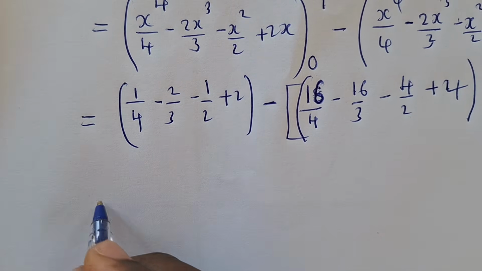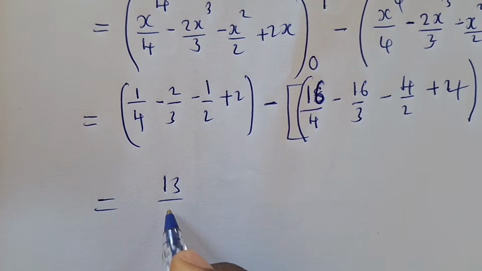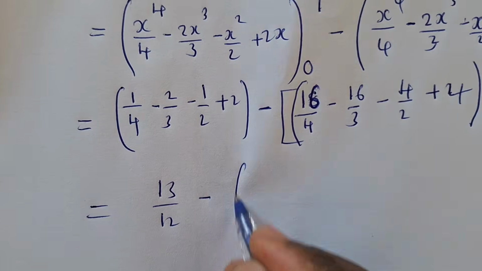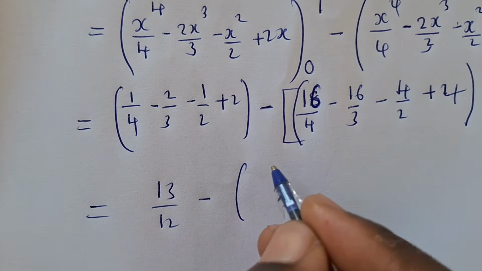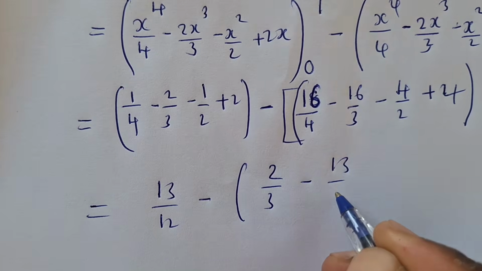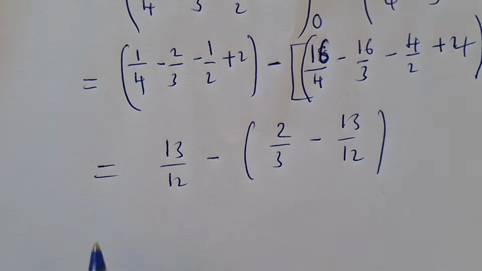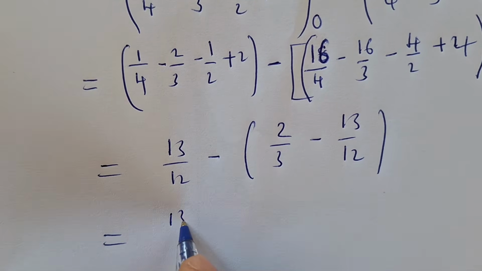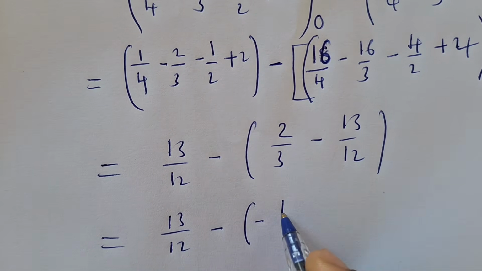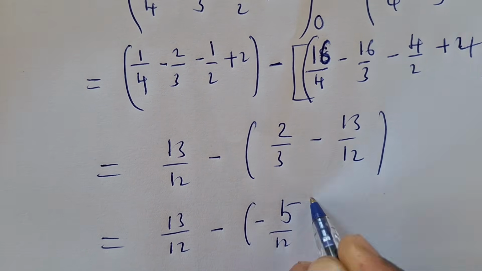So you simplify further. Here when you simplify, you're going to get 13/12, minus, when you simplify here, you're going to get 2/3, minus, you simplify here, it's 13/12. You do the simplification further, it's 13/12 minus negative 5/12.